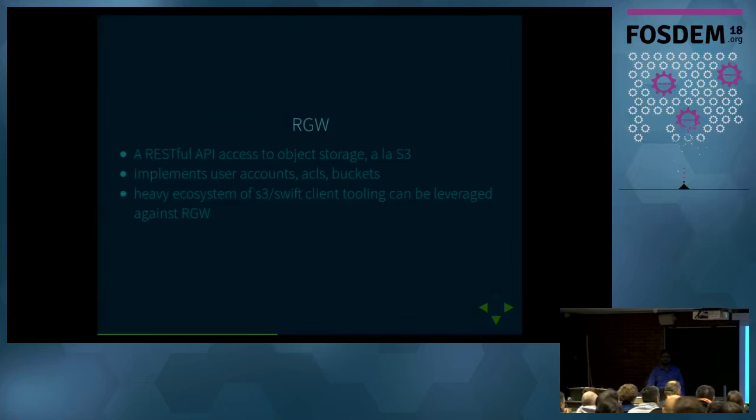So it makes sense that we expose these APIs rather than some of our own APIs to access object storage. Since there's already a heavy ecosystem of this client tooling, we just reuse the S3 and the Swift API, and most of the clients are happy with that. And we have these concepts of user accounts, buckets, ACLs and everything, which are similar to the Swift and the S3 concepts.